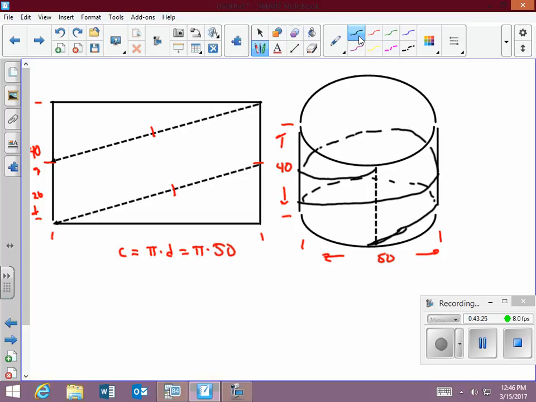So the total length is going to be 2 times the square root of 20 squared plus pi times 50, that quantity squared. Isn't that right?